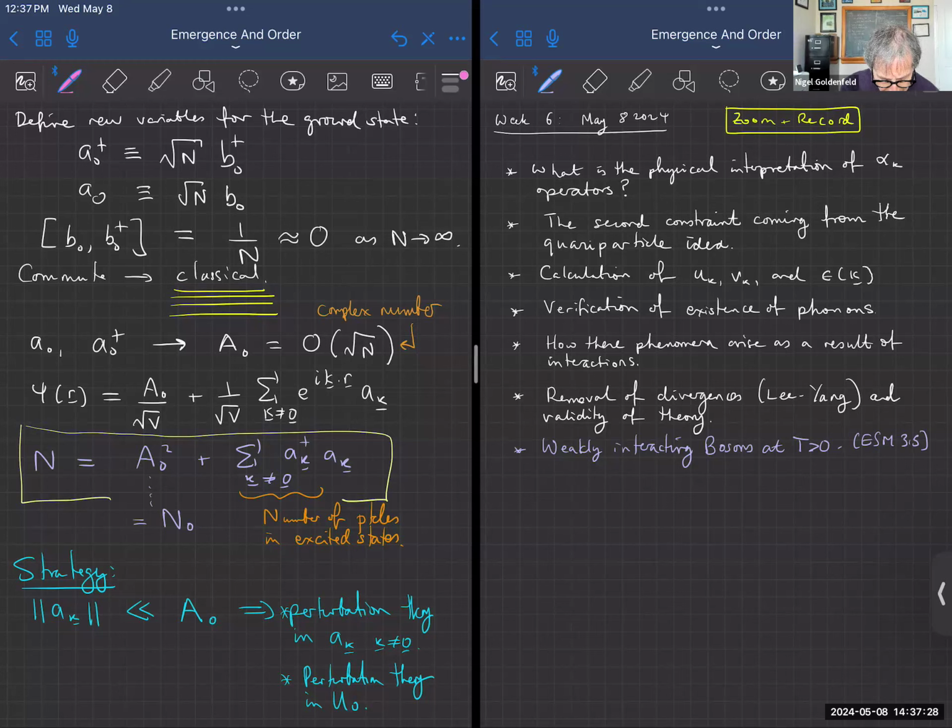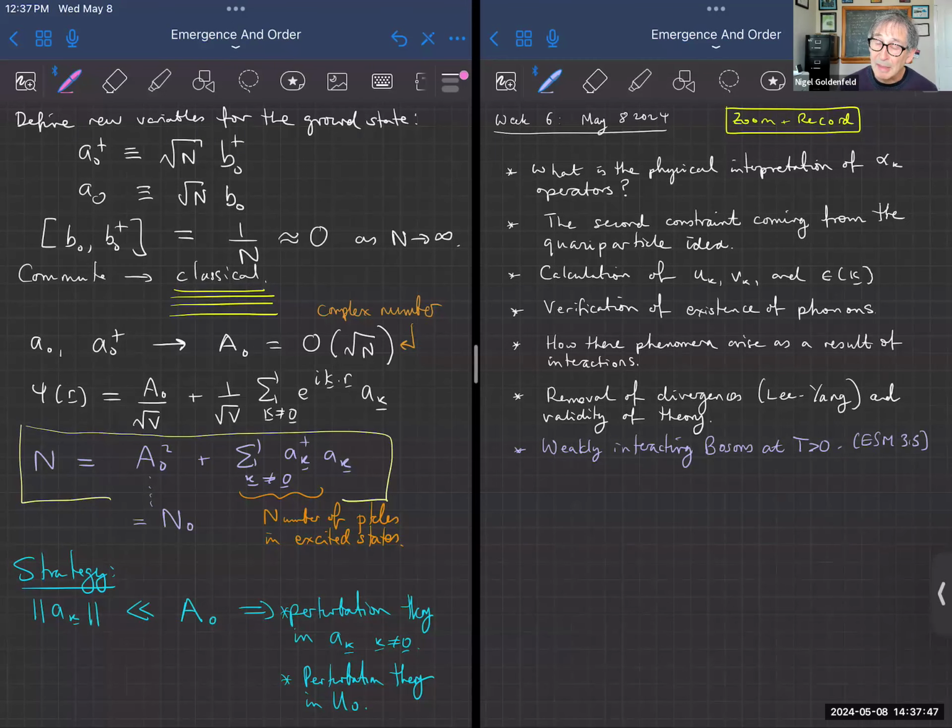And so what that means is we can write down the total number of particles in the system as a complex number plus a Fourier component of operators. And so that is the simplification that we are going to use.